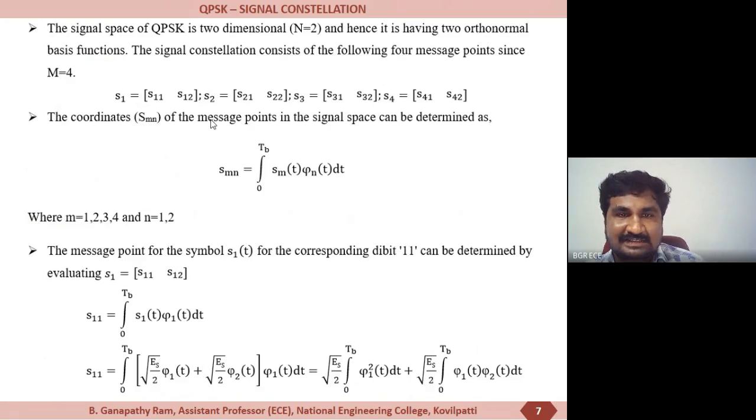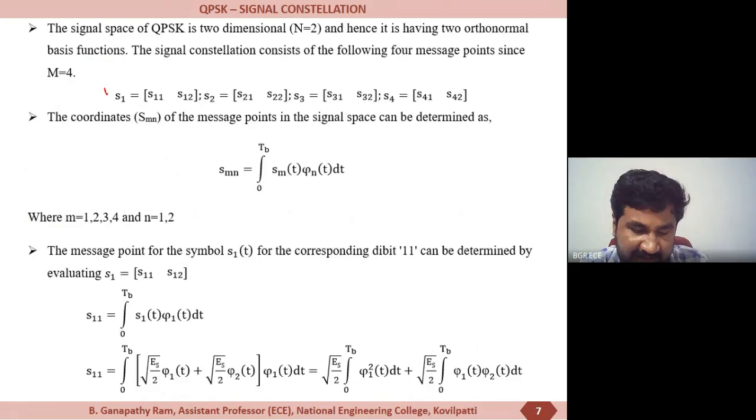And the coordinates of these message points in the signal space can be represented by the correlation between the symbol and the orthonormal basis function. So Smn can be represented as the integral of Sm of t multiplied with phi n of t over the interval Tb, where m varies from 1 to 4 and n varies from 1 to 2.